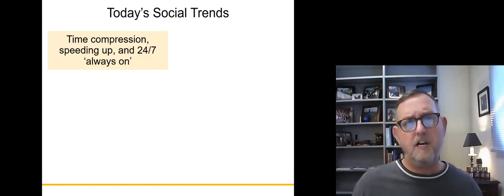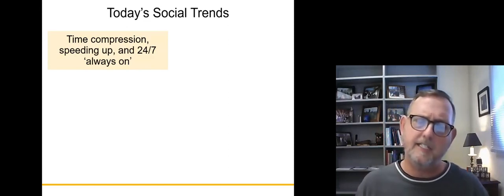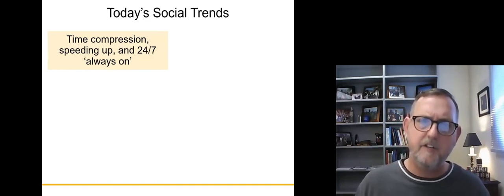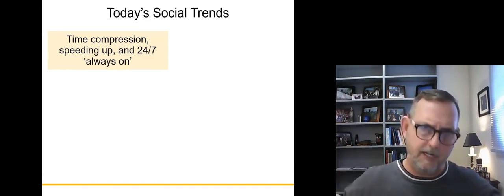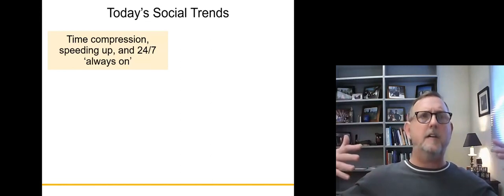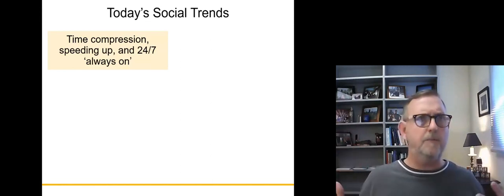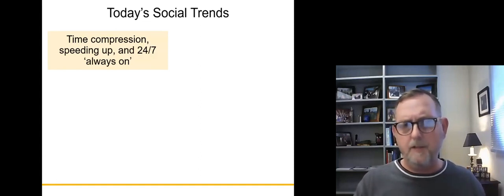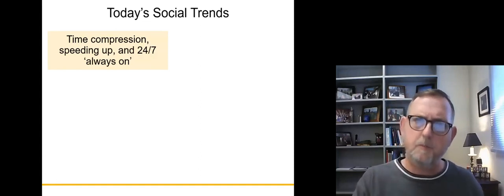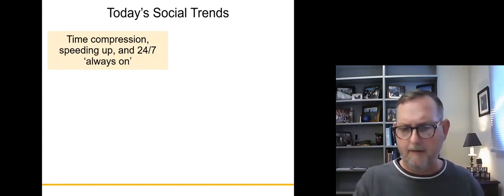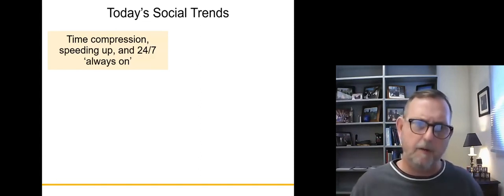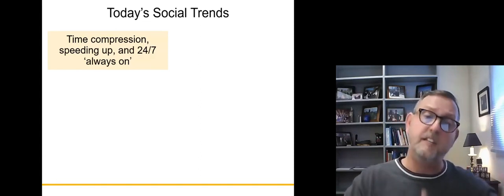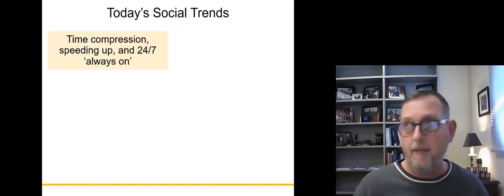One trend is something called time compression, this idea that there's never any downtime. Think about a long time ago, you'd get up in the morning and there'd be the newspaper and you'd see the news from the day before. And then the next day you'd wake up, the newspaper, you'd see the news from the day before.